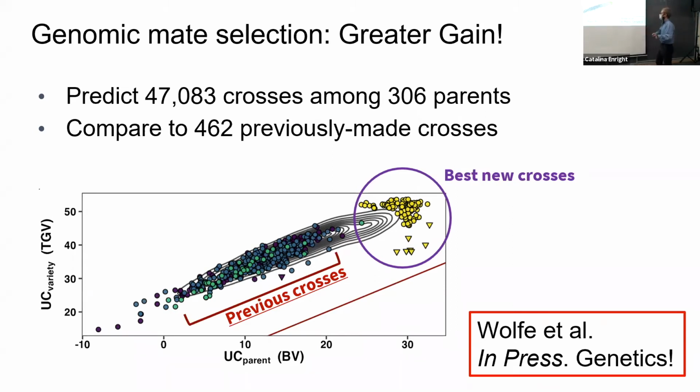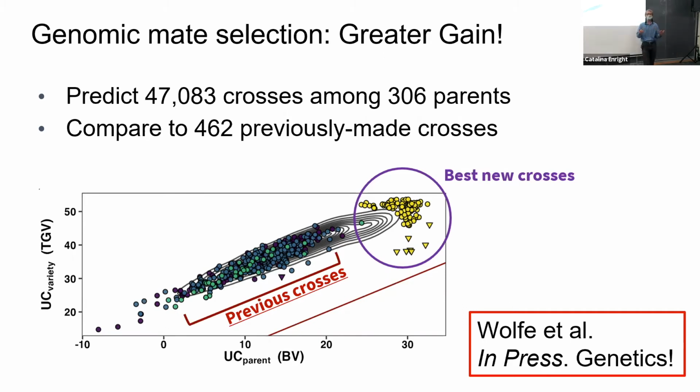And what you can see is, okay, so we're very hopeful, but the best crosses that come from this prediction are a good deal out ahead of the crosses that we've already attempted. Now, of course, here we're evaluating many crosses, and we're picking out the best ones.